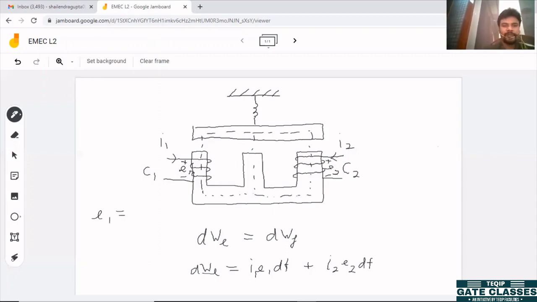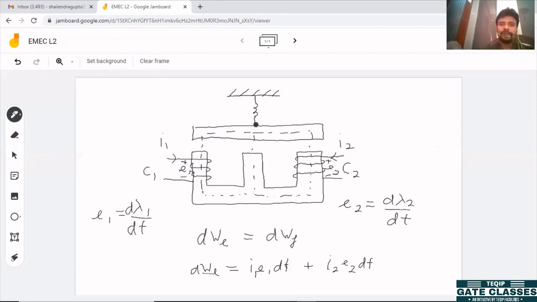E1 will be d lambda 1 by dt, the flux linkage associated with coil 1, and E2 could be written as d lambda 2 by dt, the flux linkage with coil 2.